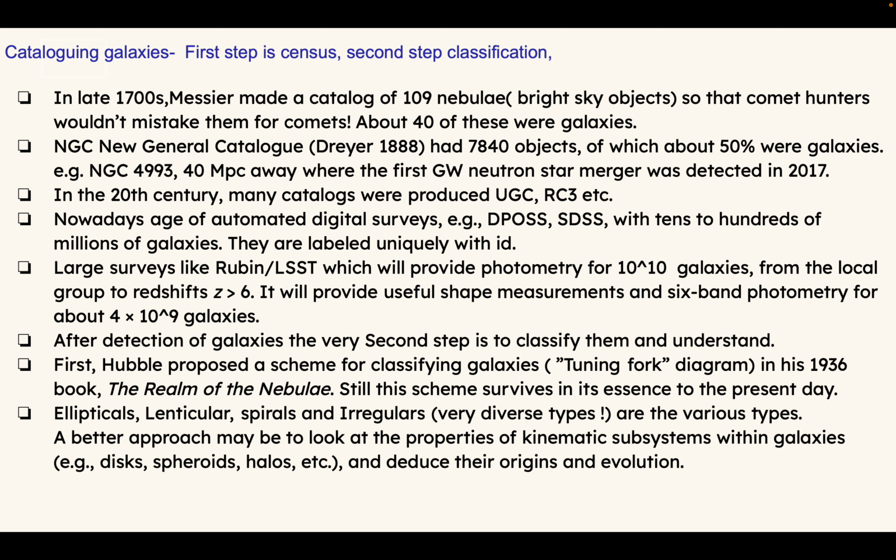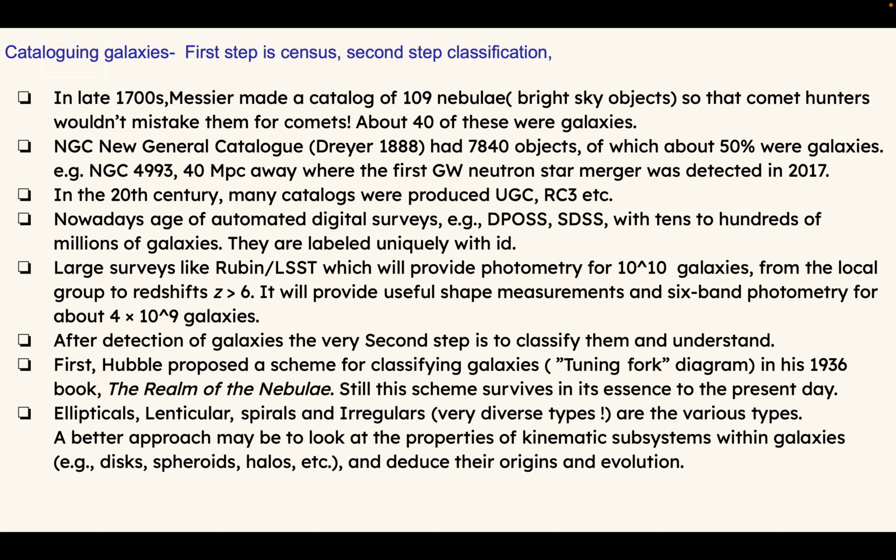Nowadays, we are in the age of automated digital surveys, such as DPOSS and SDSS, with hundreds of millions of galaxies being detected. They are labeled using unique IDs. In some of these lectures, we will access the SDSS database and see how the labeling in the SDSS is done.